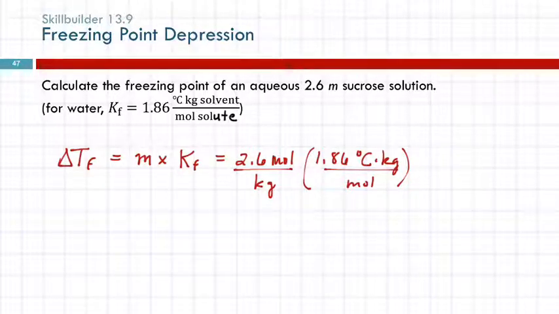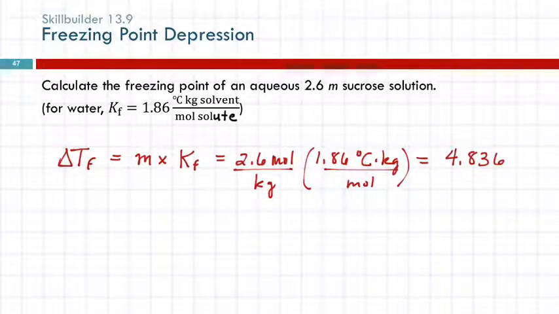It's moles of solute. So 2.6 times 1.86 equals 4.836.